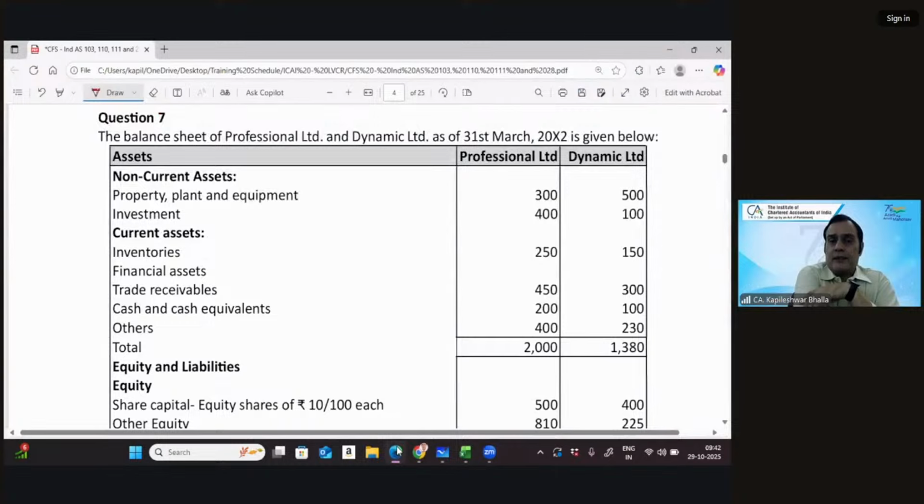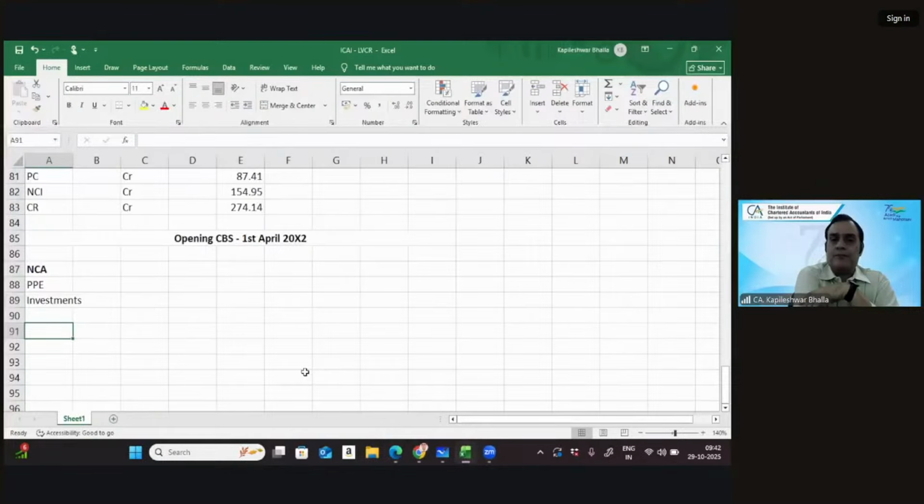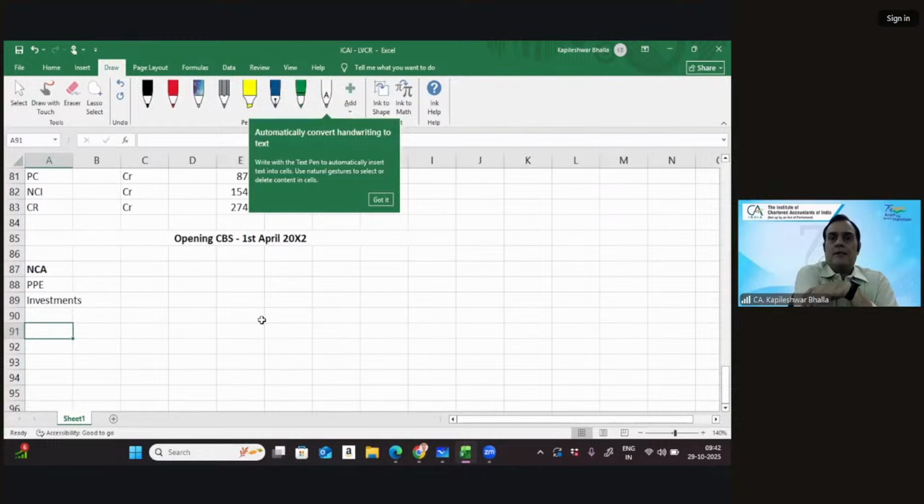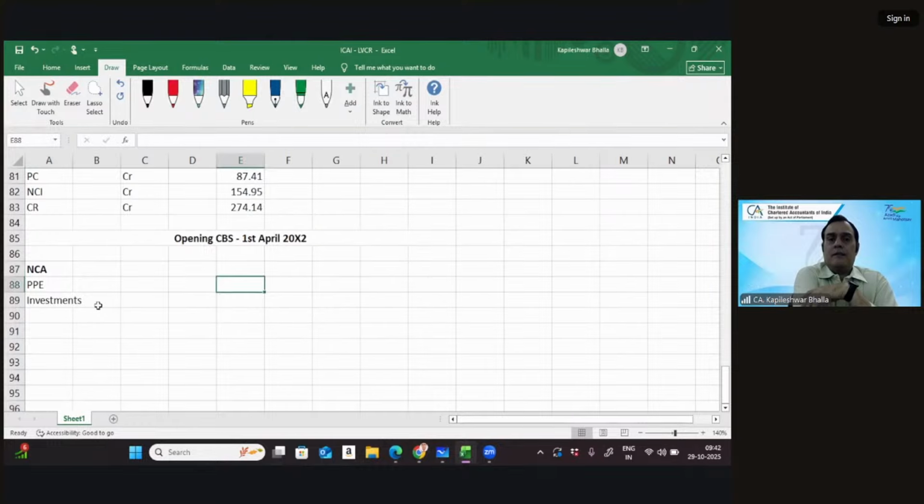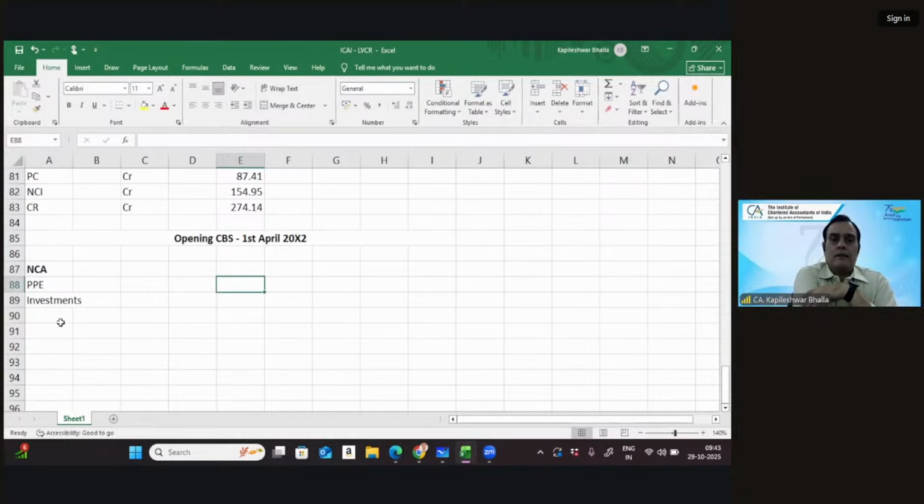Then on the current assets, we've got inventories, and then we've got financial assets.